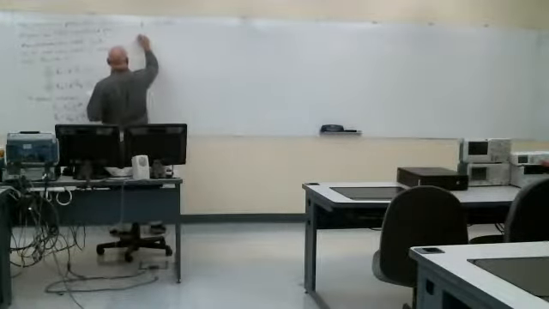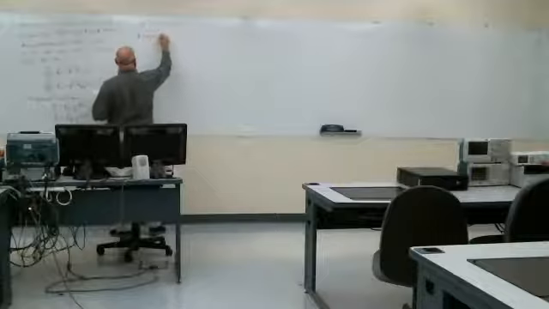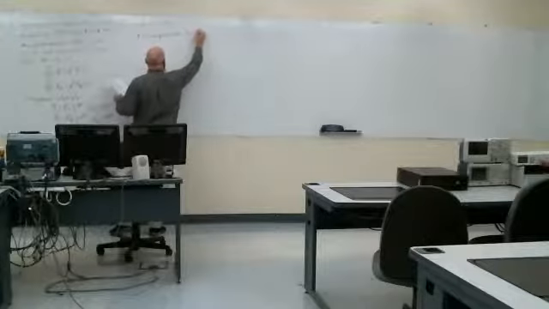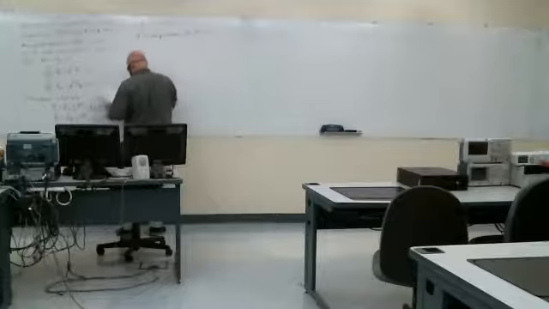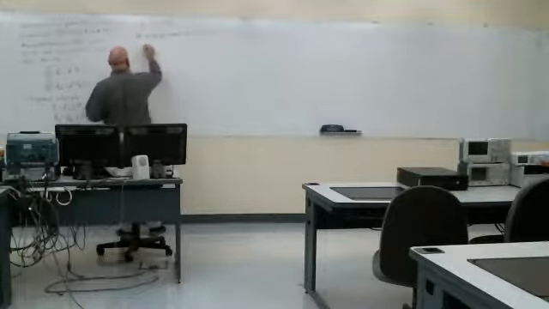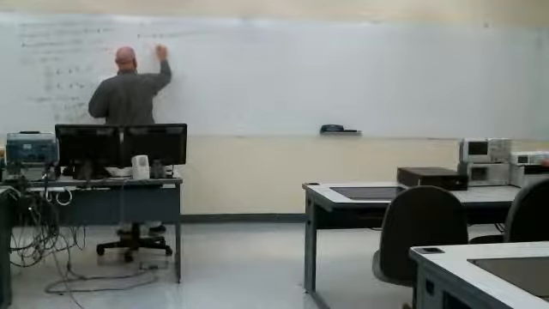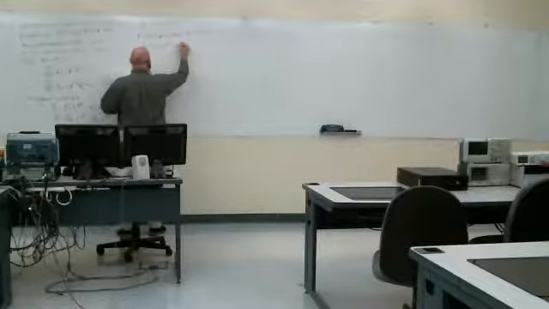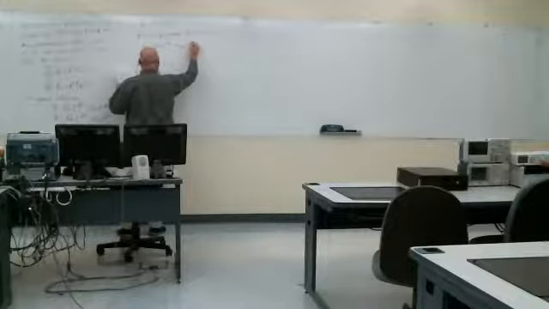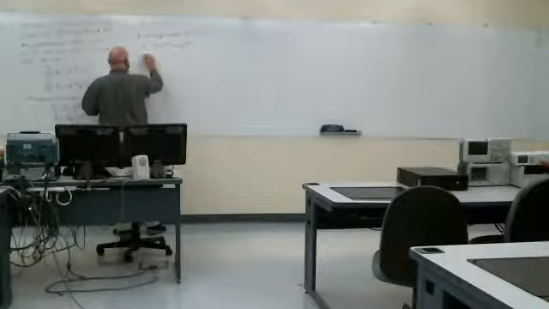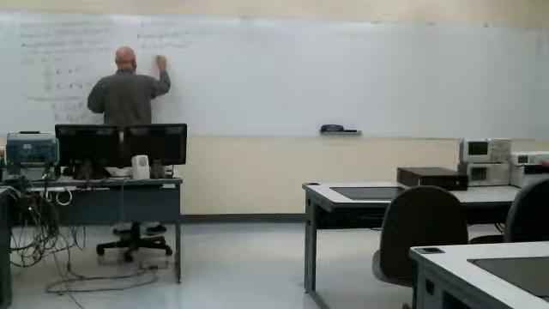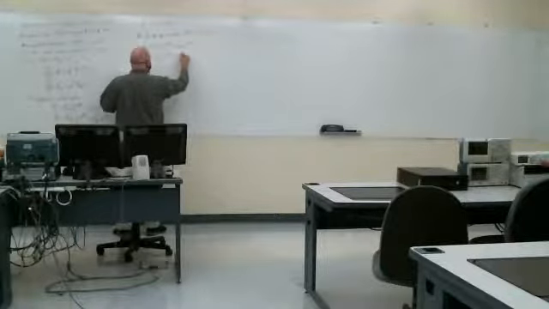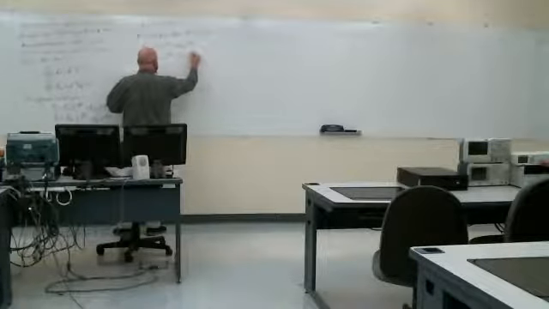You can go through the same procedure for H, with the result that HX tilde is HX0 plus e to the minus j beta z plus HX0 minus e to the plus j beta z, and HY tilde is HY0 plus e to the minus j beta z plus HY0 minus e to the plus j beta z.